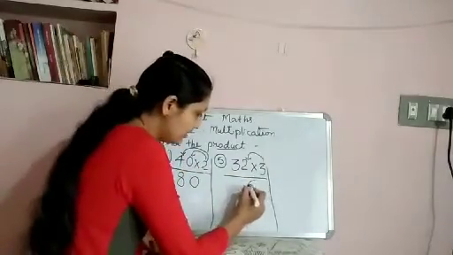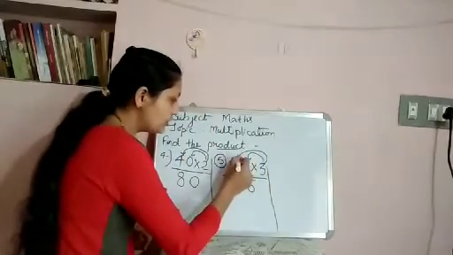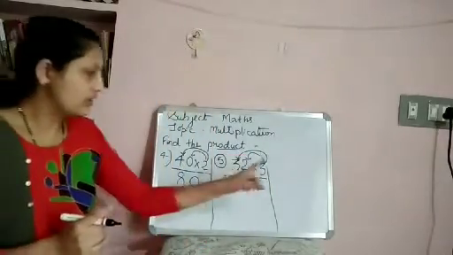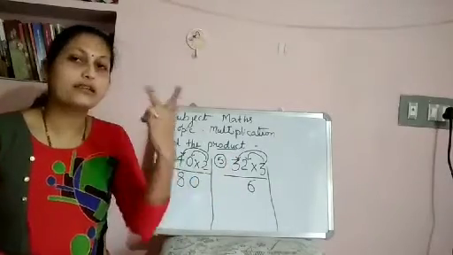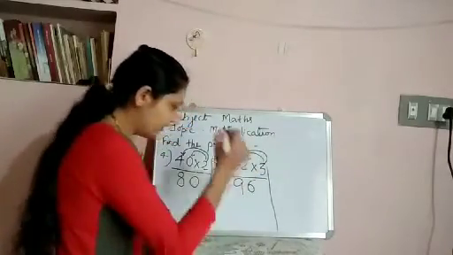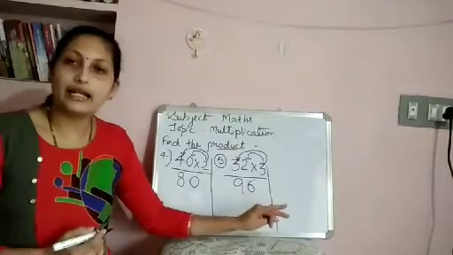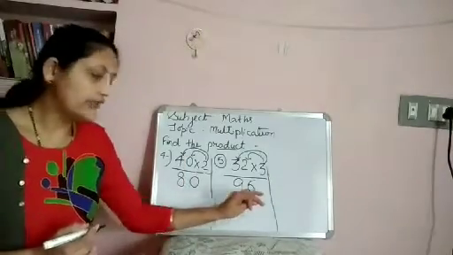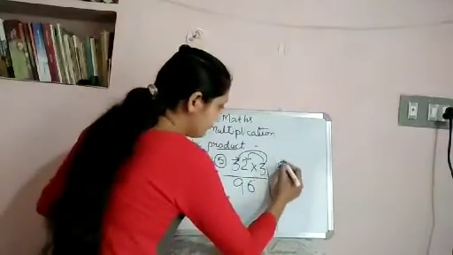So write 6 here. Next move to the second digit. 3 into 3. 3 1s are 3, 3 2s are 6, 3 3s are 9. So 3 into 3 is 9. What is the answer? 96. Clear?